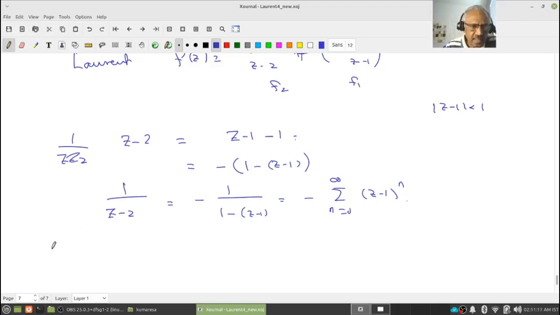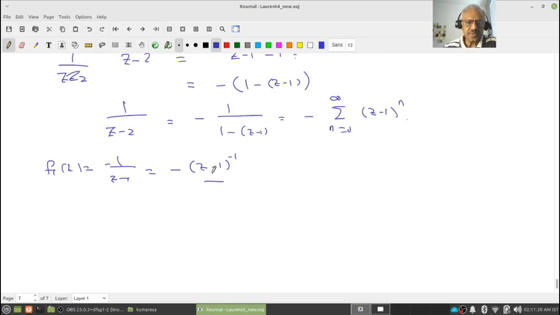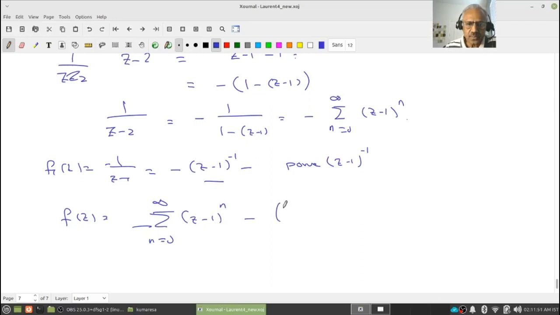Next, let us look at f1. f1 of z is already minus 1 by z minus 1. This is already minus of (z minus 1) to the power minus 1. So this is already in powers of z minus 1. Do you follow that? Therefore my f of z is going to be minus the sum over n equal to 0 to infinity of (z minus 1) to the power n, and minus of 1 by z minus 1.